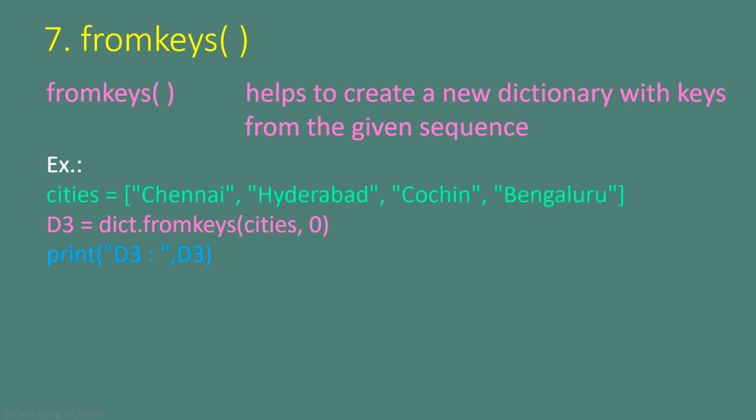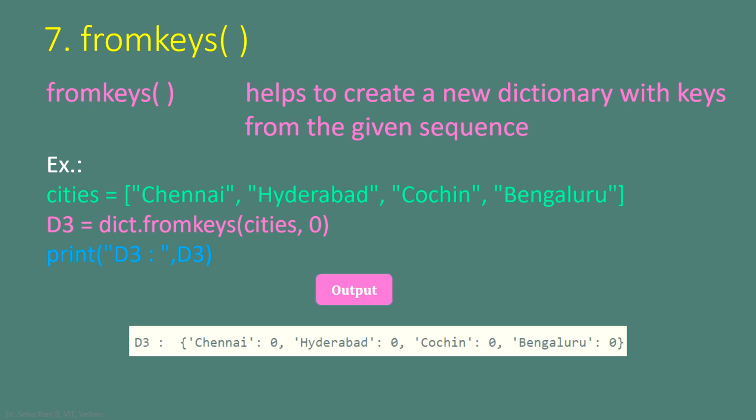From cities, we are going to get the keys, and we are going to provide a default value 0. Now the print statement will print the dictionary on the screen, in which for every key Chennai, Hyderabad, Cochin and Bangalore, we are getting 0 as the default value.